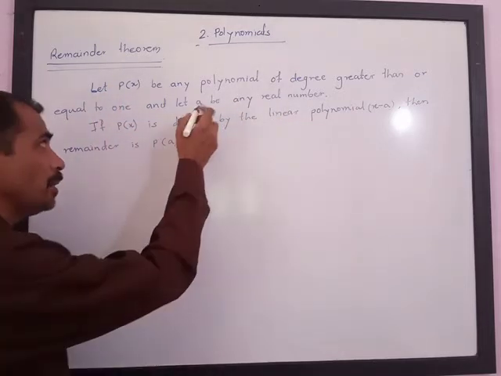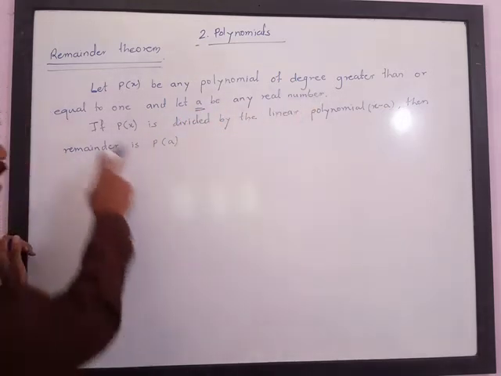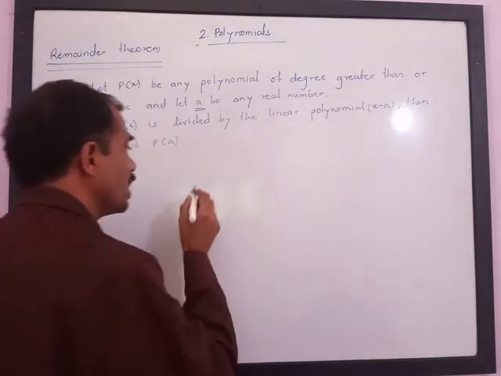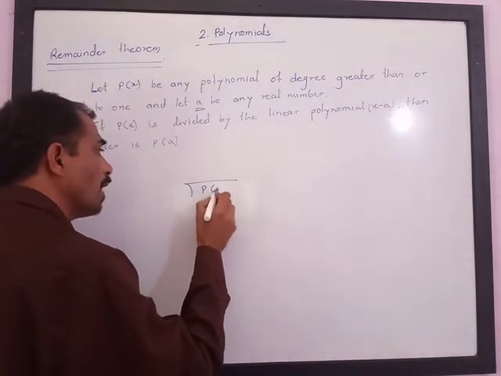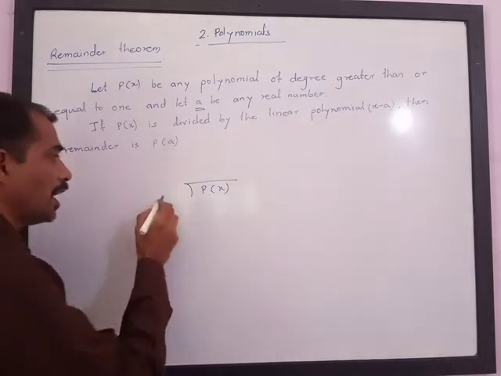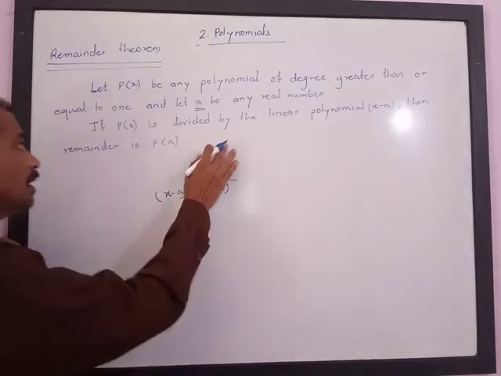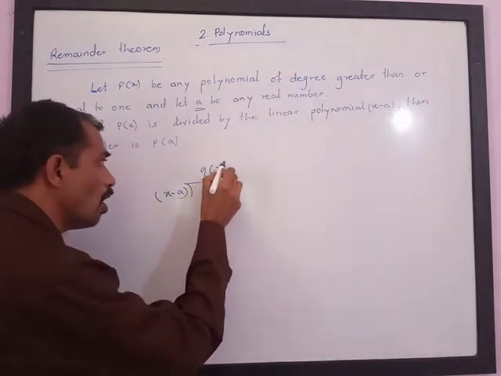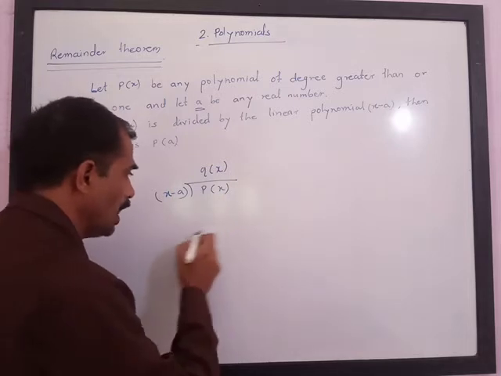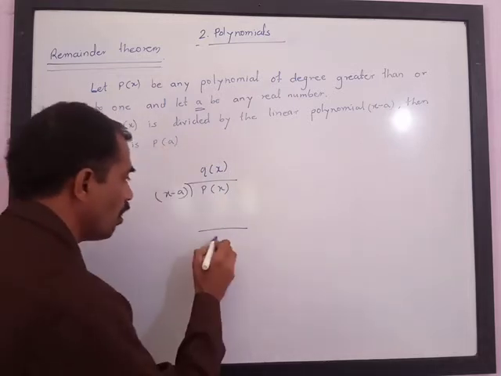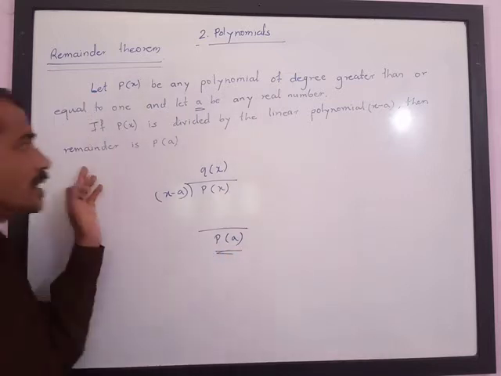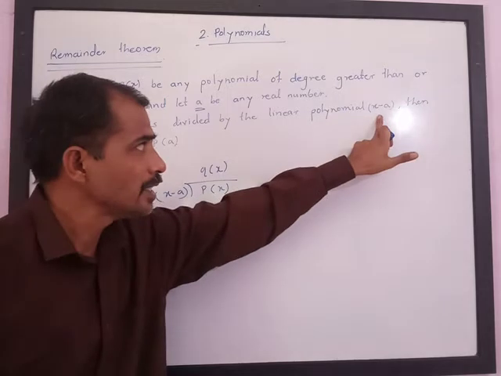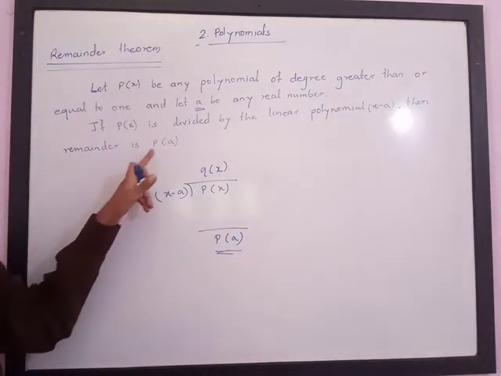If p of x is divided by the linear polynomial x minus a, then we get some quotient q of x, a certain polynomial, and the remainder will be p of a. This is what the theorem says. If p of x is divided by the linear polynomial x minus a, then the remainder is p of a.